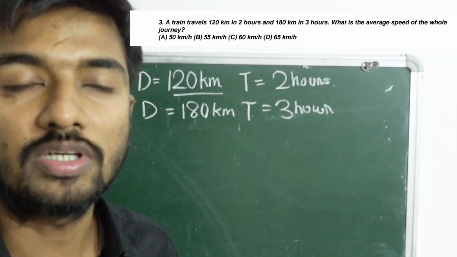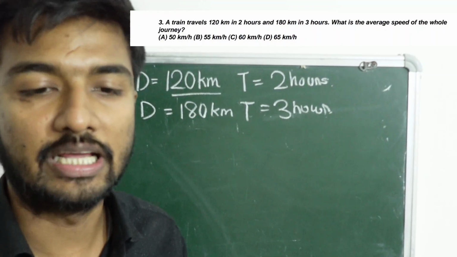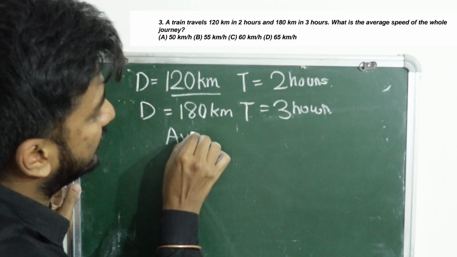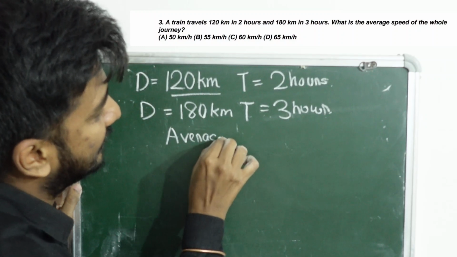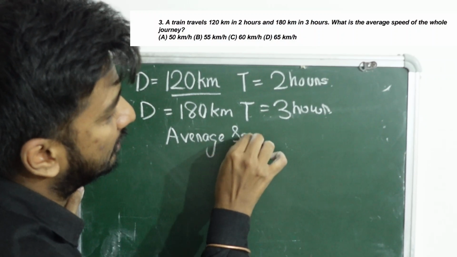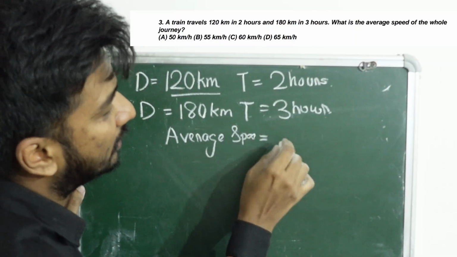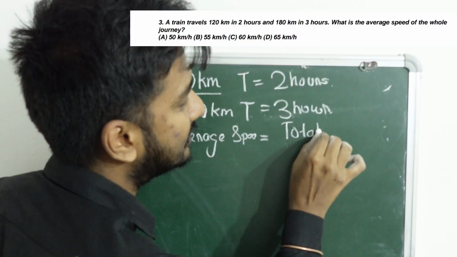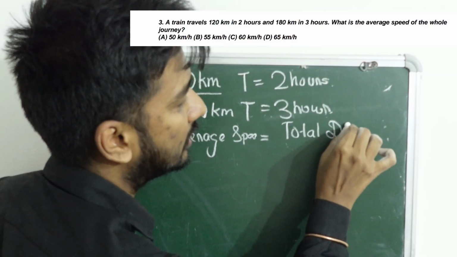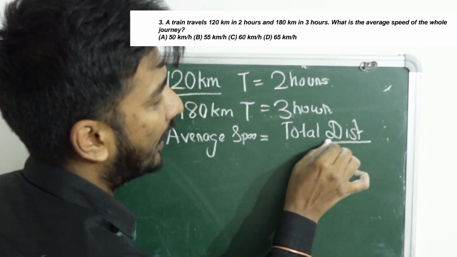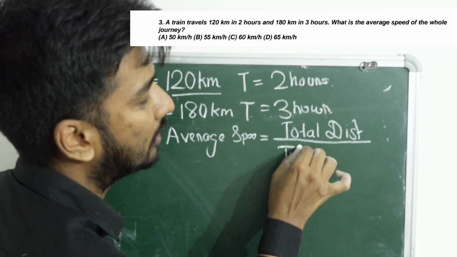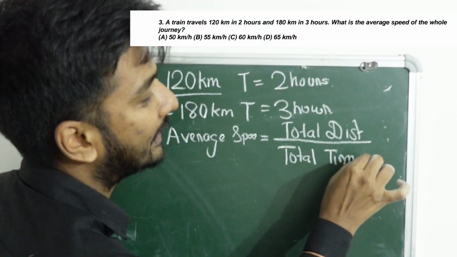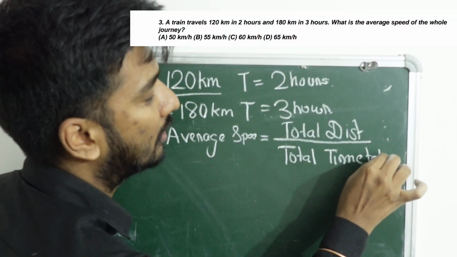So average speed, what is the formula of average speed? Average speed equal to total distance by total time taken.